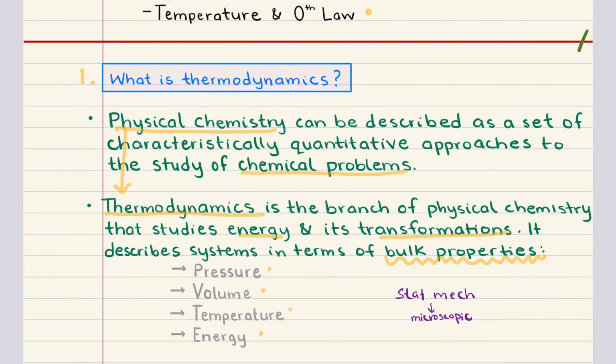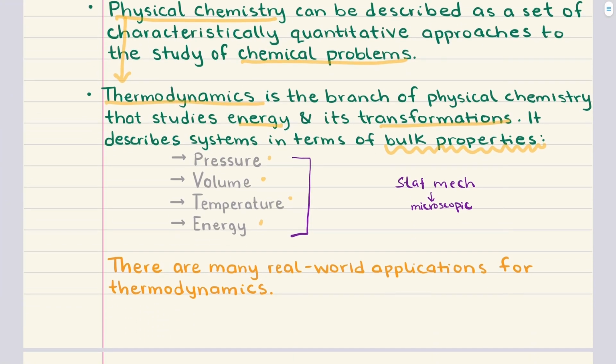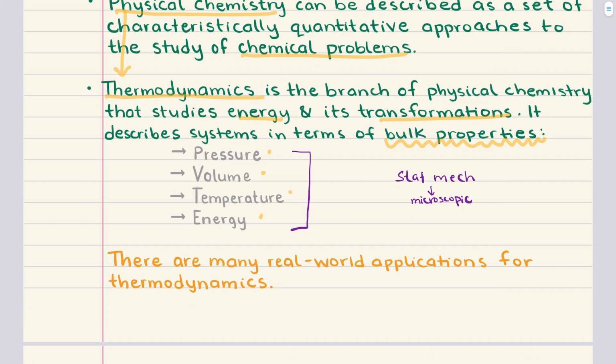In thermodynamics, we instead focus on relationships between these macroscopic quantities. Both approaches are deeply connected, but for now, our emphasis is on thermodynamics, which again allows us to make powerful predictions without directly invoking the motion of every atom and every molecule. The strength of thermodynamics is that it applies to an enormous range of phenomena.